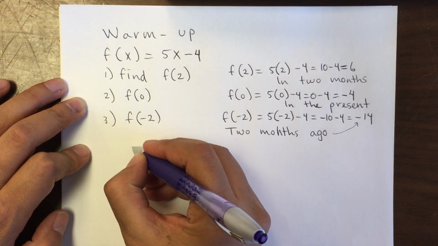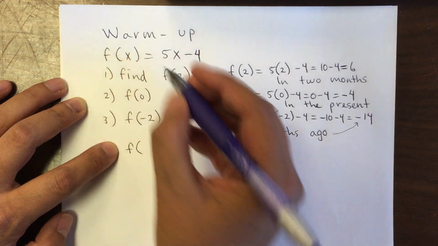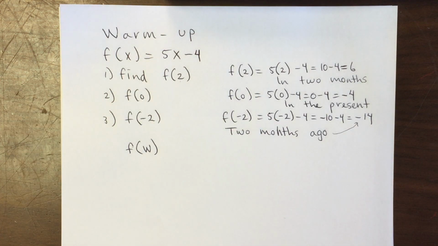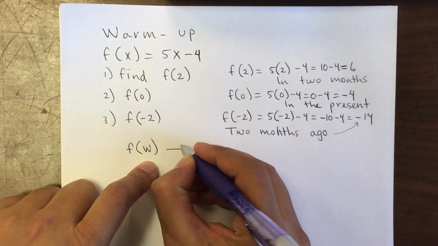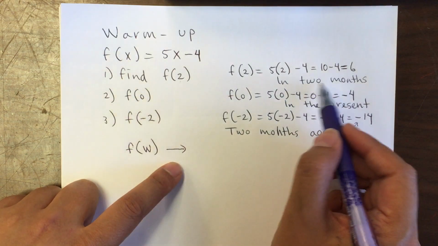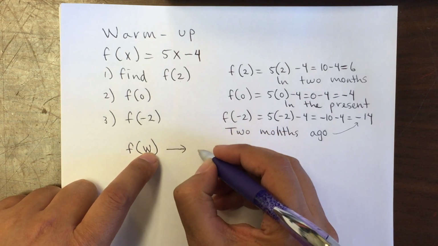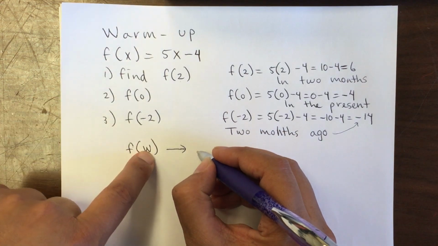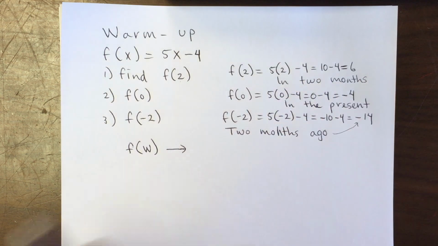Now what if I change it to, instead of f of x, f of w? This could possibly mean that you're not talking about months anymore, but you want to change the terms to weeks. When you change the variable, all you're changing is the cycles, basically.